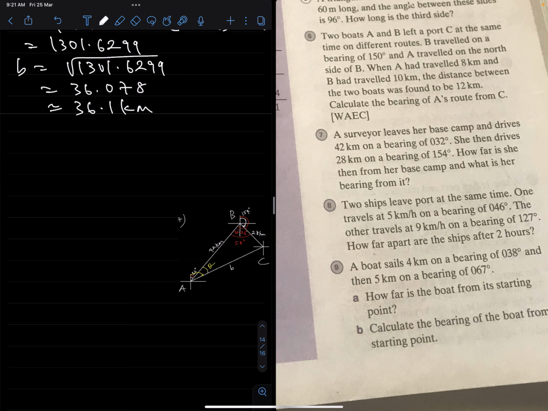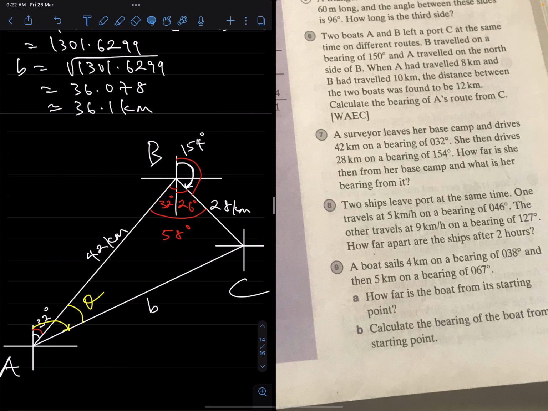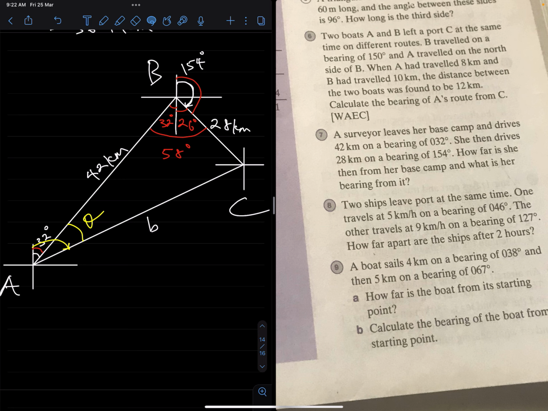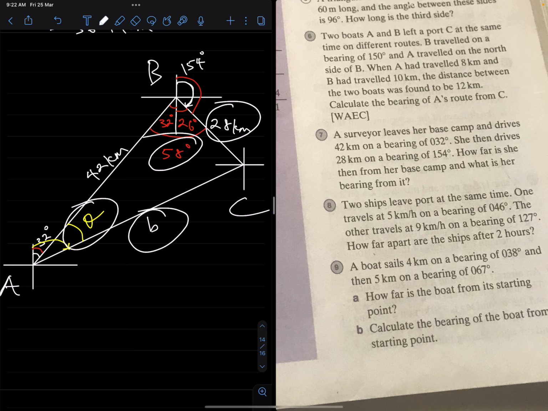Now, bearing of C from A, theta. If I want to find theta, I'm using the sine rule. 28 over sine theta is the same as b over sine 58 degrees.